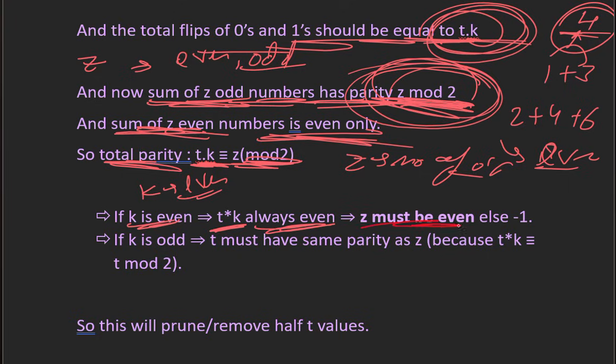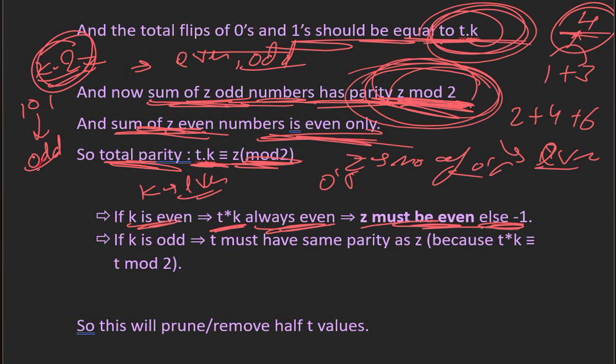Then z must be even, that is, the number of zeros initially should be even, else it is not possible to convert. Let's see this example, 101 and k equal to 2. Now our k is even but the number of zeros is odd, so it is not possible to convert this string to all ones using 2 bit flips at one time, right?